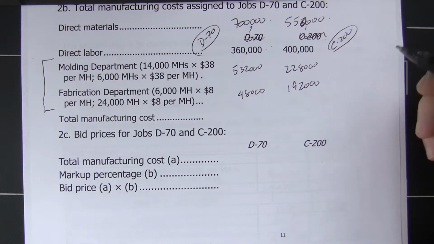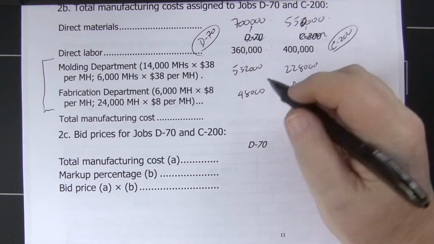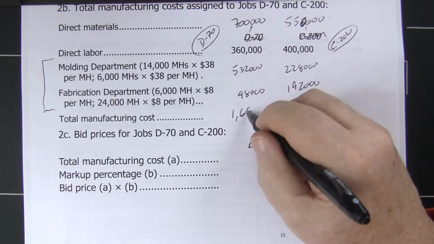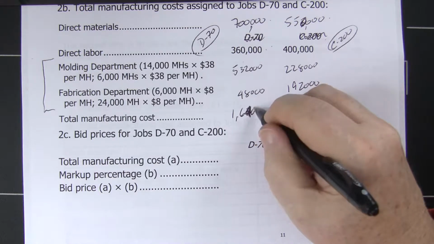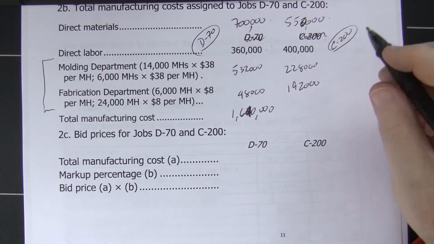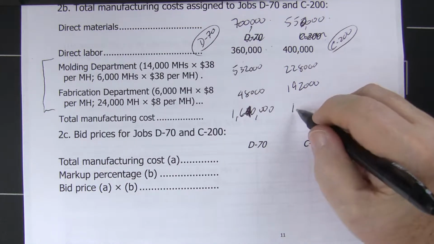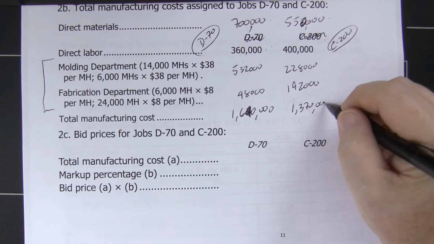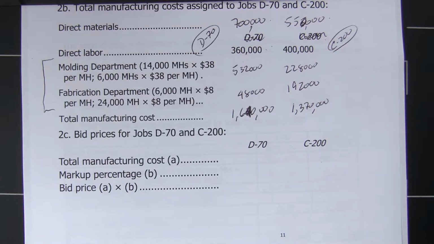So the total manufacturing cost for D70, $1,640,000. And for C200, $1,370,000.